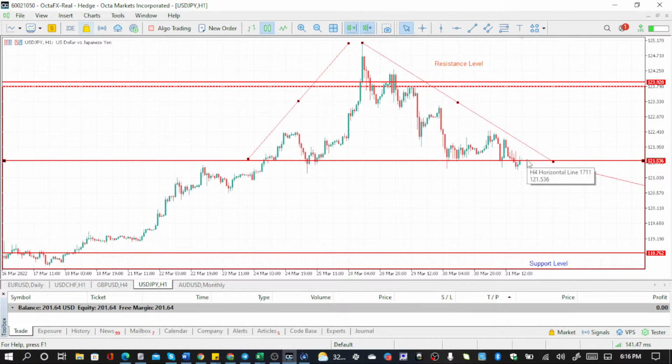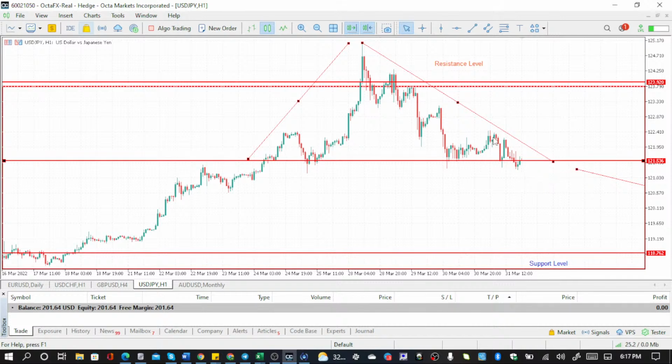So what are we going to do at this level? Before you open a trade, always determine your exit level and your entry level. Your exit strategies are your stop loss and your take profit, which means at what point do you want to maximize profit and minimize loss?